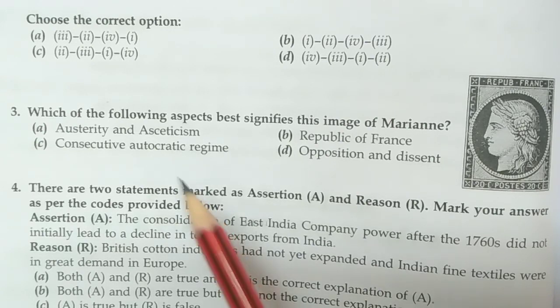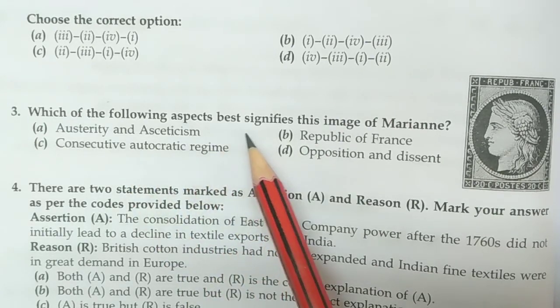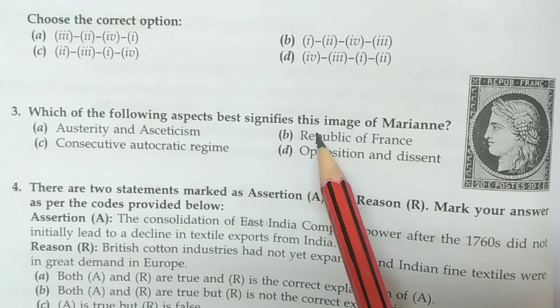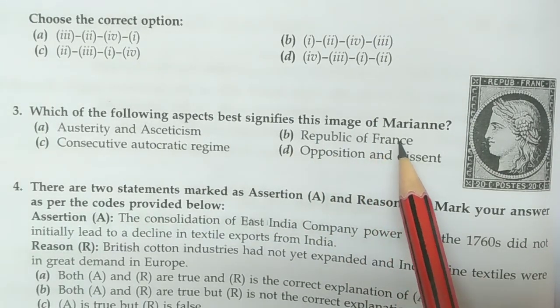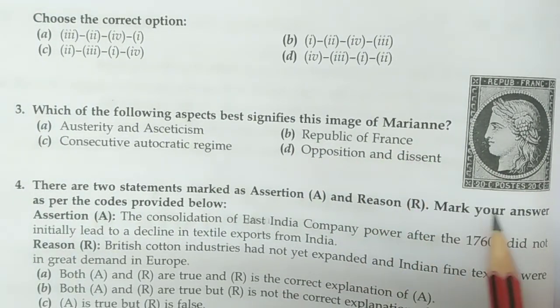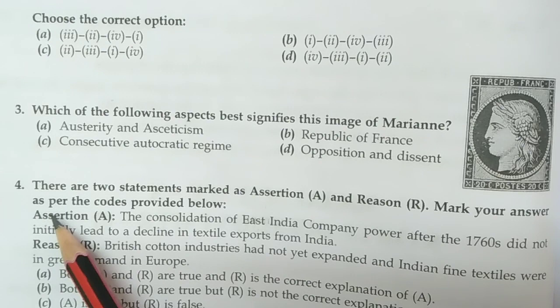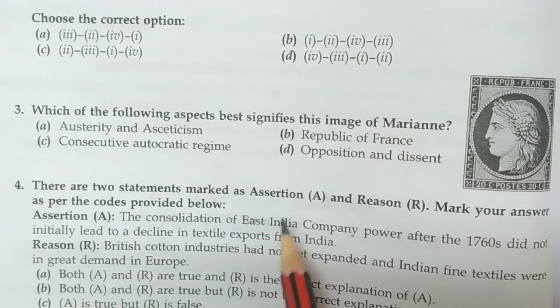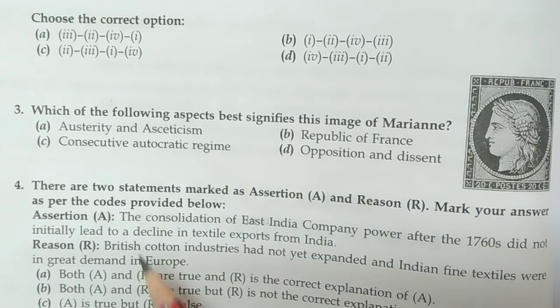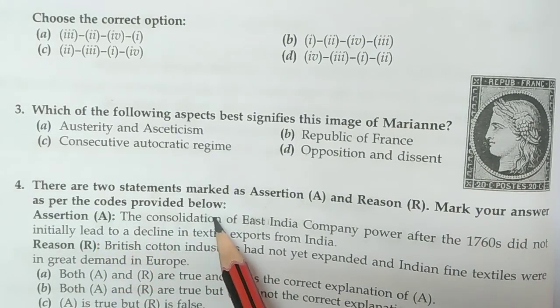Now question number 3: which of the following aspects best signifies this image of the marine? You can see this image, find the exact answer and understand this concept properly. Now question number 4: there are 2 statements marked as Assertion A and Reason R. Mark your answer as per the codes provided below.